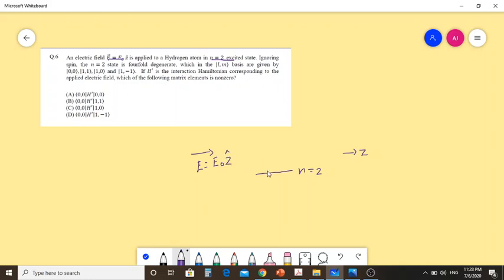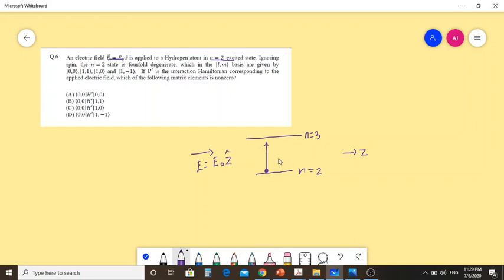When the electron is sitting in the n equal to 2 state, it will absorb and go to an excited state, but it will preserve some form of symmetry. It can go from n equal to 2 to n equal to 3, where n is the principal quantum number.